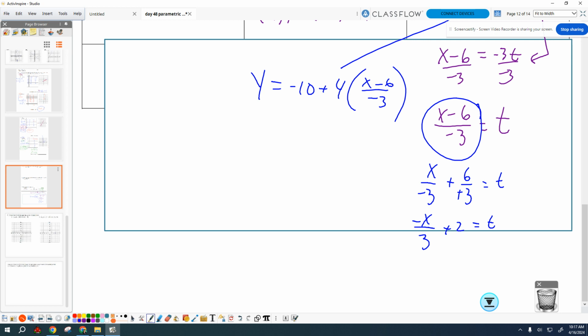I'm gonna take Roscoe's advice and clean it up before I plug that in. What do I do now? So y equals negative 10 plus negative 4x over 3 plus 8.